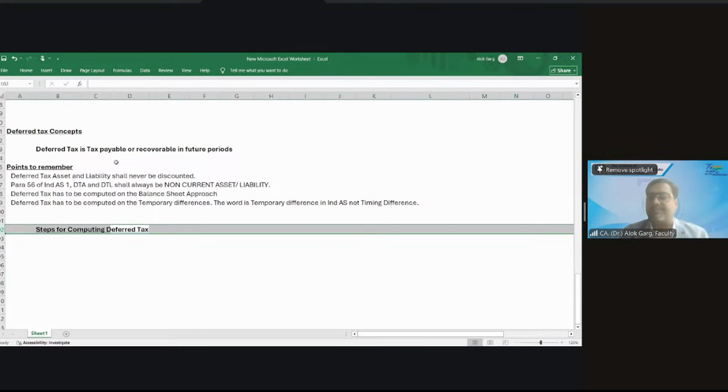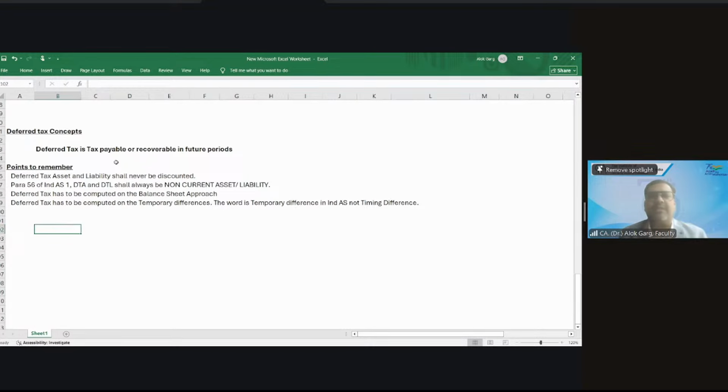Before coming to the steps for computing deferred tax, let me tell you about the balance sheet approach and the P&L approach. Let me explain with an example.